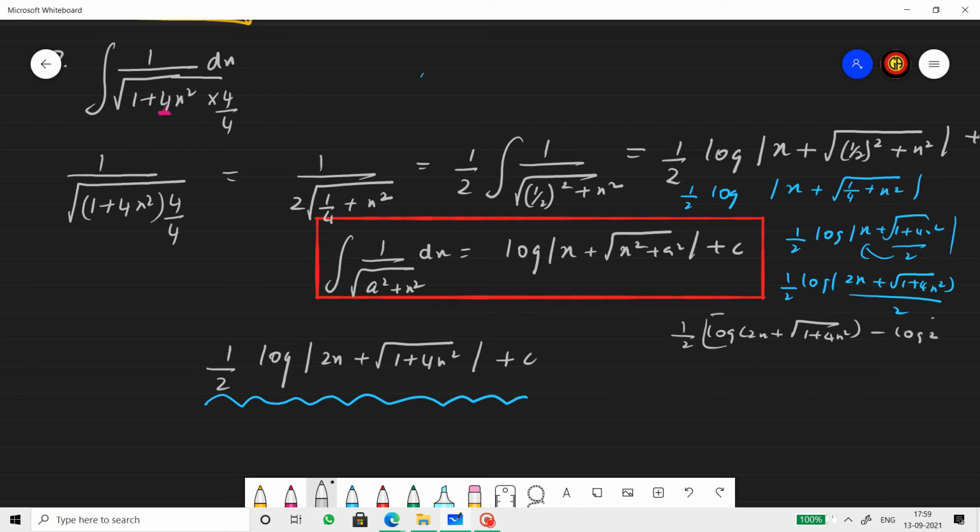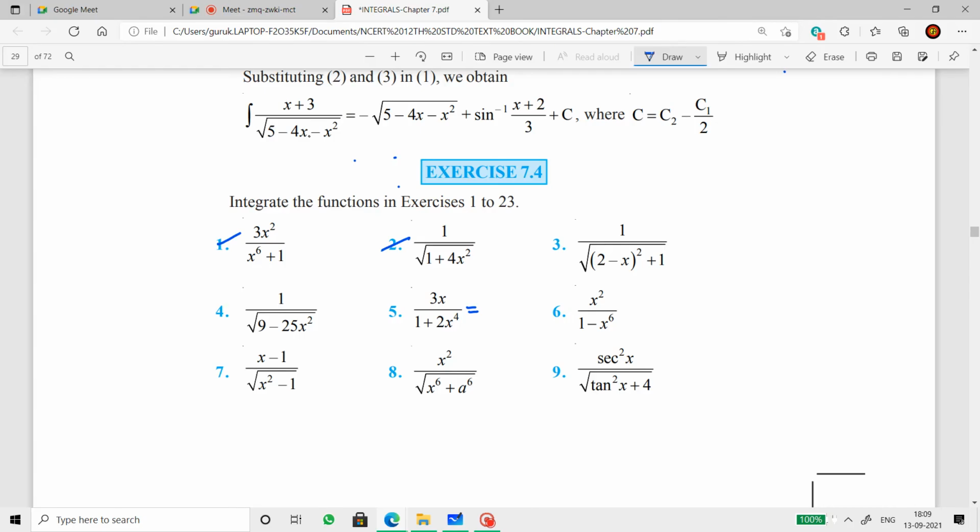The half is common for both. So you take this half log 2 along with c and you consider that as a constant. So half log 2x plus root over 1 plus 4x square plus c is the answer. C outside the bracket. Let's put a mark here. So that's the answer.